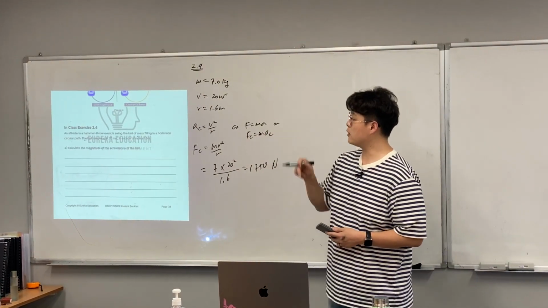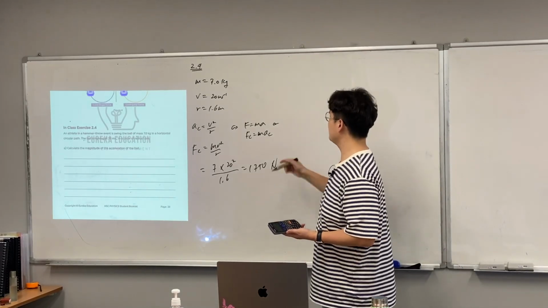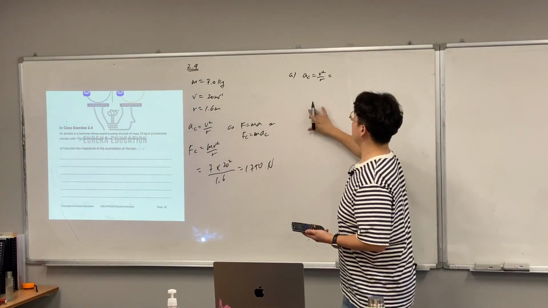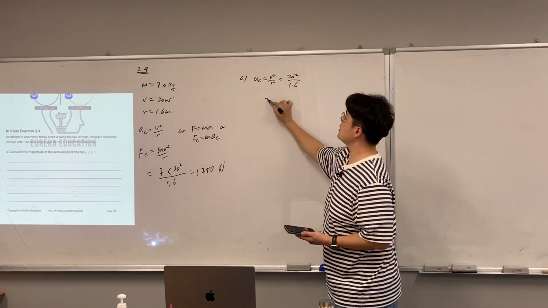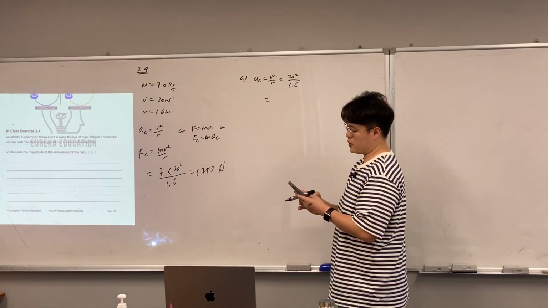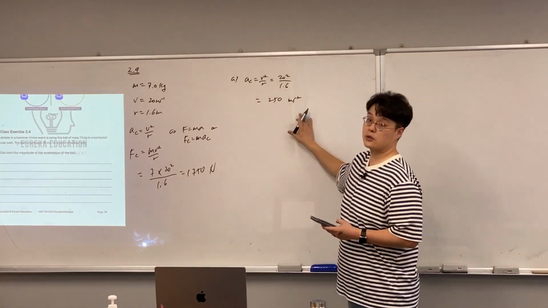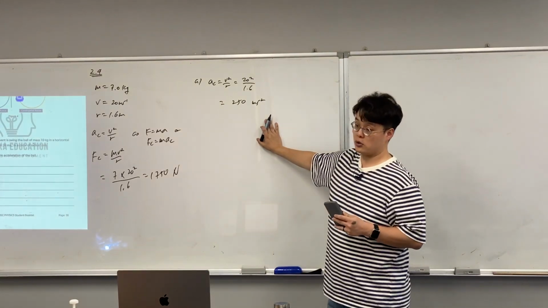Again, magnitude only, sorry, the acceleration. Did I find the force eventually? Yeah, okay. I'm sorry guys, I didn't read the question properly. That's 20 squared divided by 1.6, giving you 250 meters per second squared. You do not need to worry about the direction because the question asks for the magnitude only.